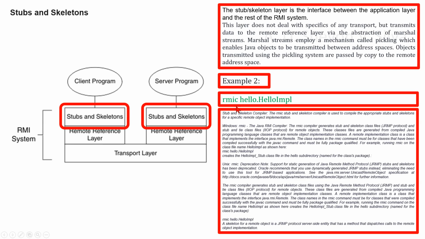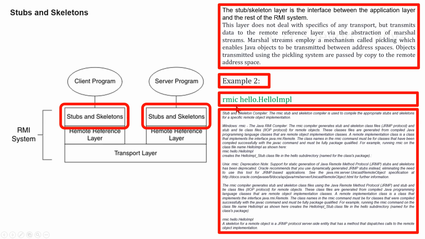The remote implementation class is a class that implements the interface java.rmi.Remote. The class names in the RMIC command must be for classes that were compiled successfully with the javac command and must be fully package qualified.